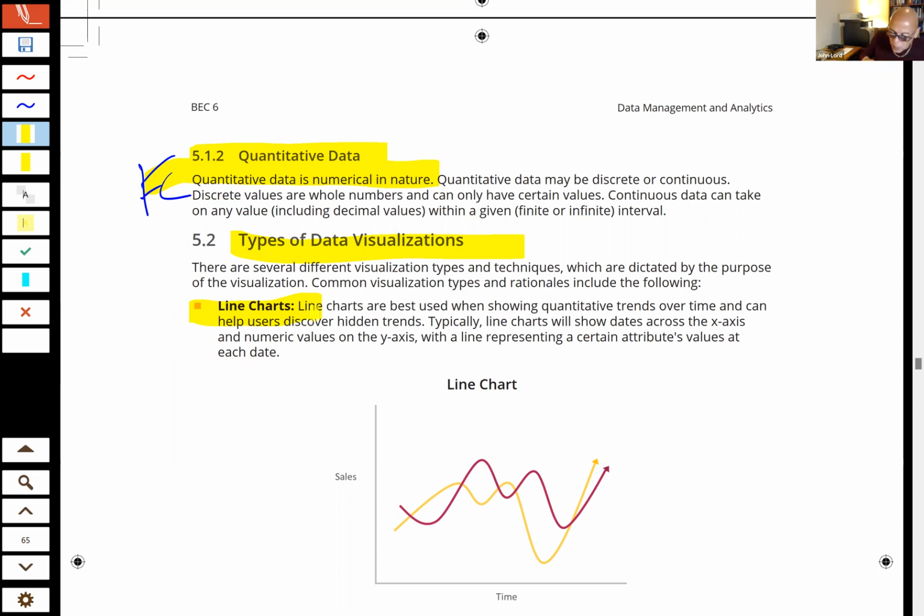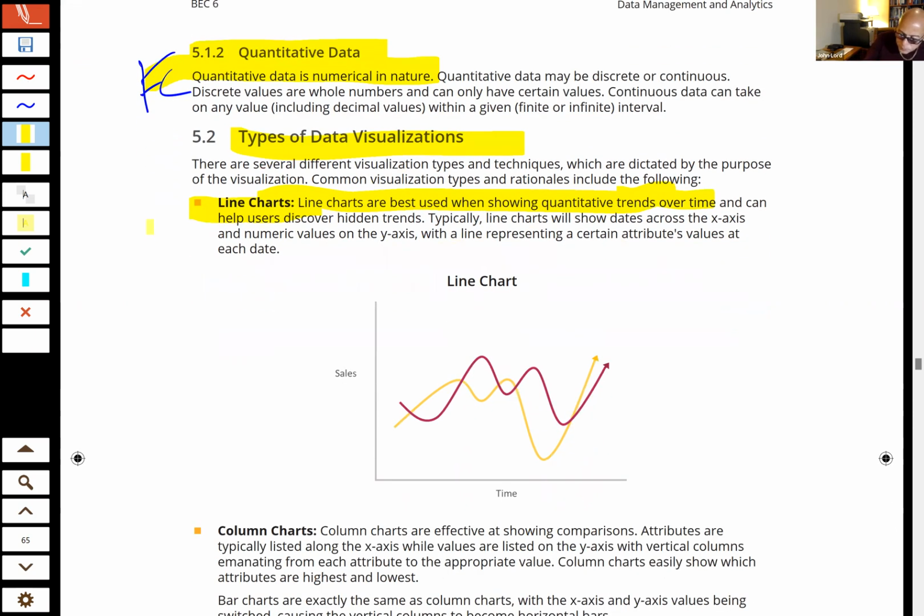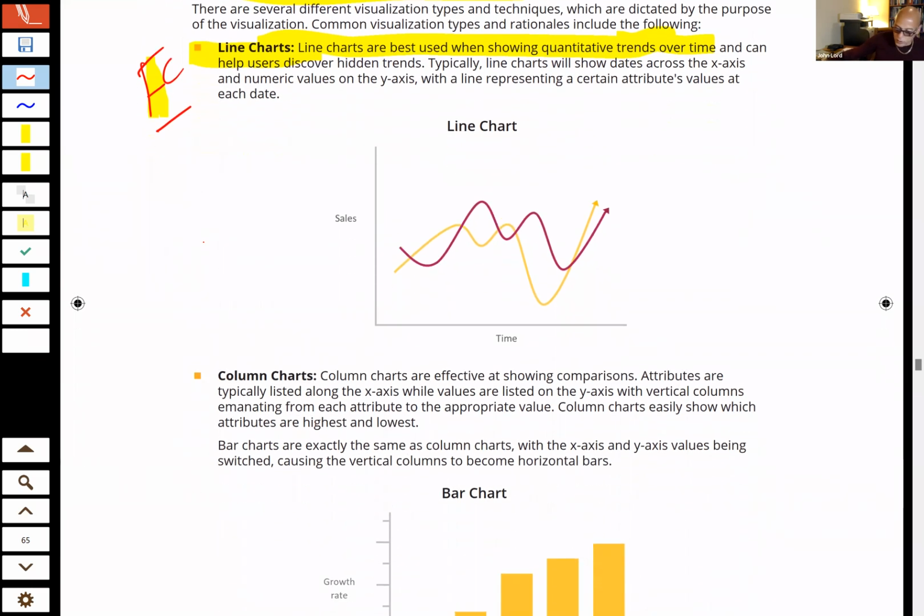Okay, so line charts are best used when showing trends over time. Okay, flashcard that. Column charts are effective at showing comparisons. Flashcard that.